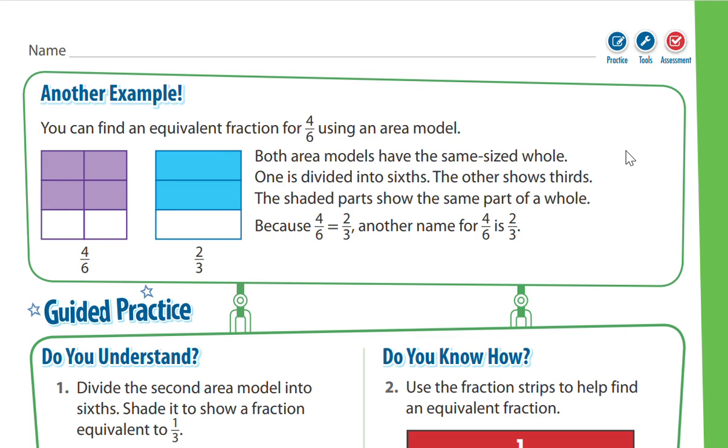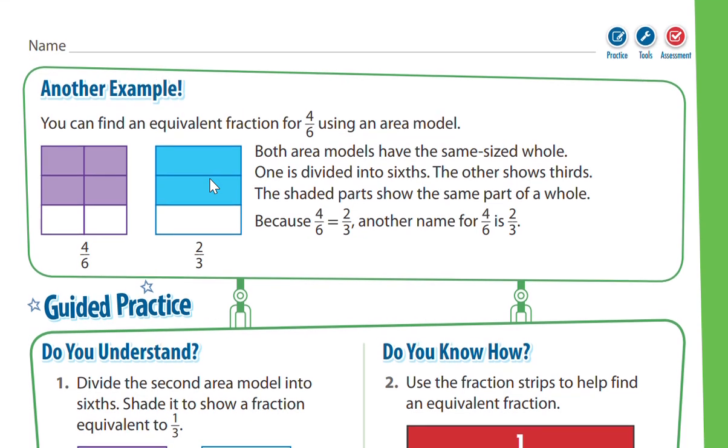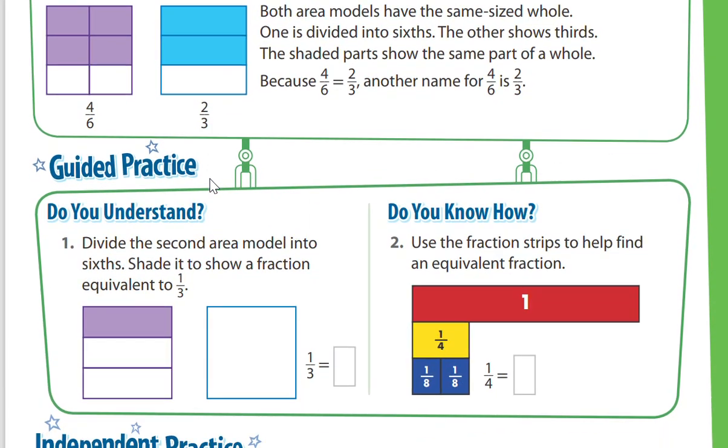One is divided into sixths, that's the purple one, and then the other one shows thirds, which is this blue one. The shaded parts show the same part of the whole because 4/6 is equal to 2/3. So another name for 4/6 is 2/3. I know this sounds kind of funky, but we're going to be practicing this for a couple of weeks. With more practice, it will make a little bit more sense.